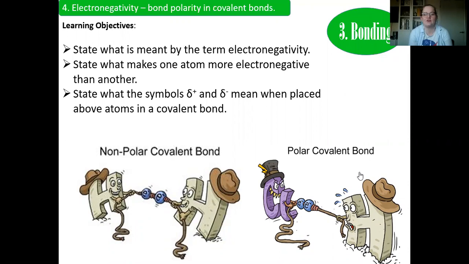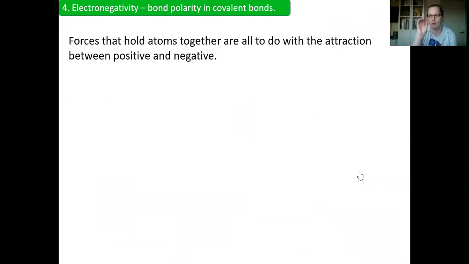We're going to look at electronegativity, what makes one atom more electronegative than another, and what the symbols mean when we place them above atoms in a covalent bond, which you did see used the other day when we were talking about water. They mean positively charged and negatively charged in that polar part of the molecule.